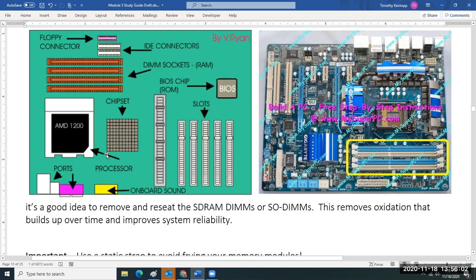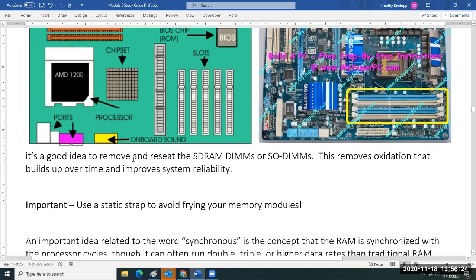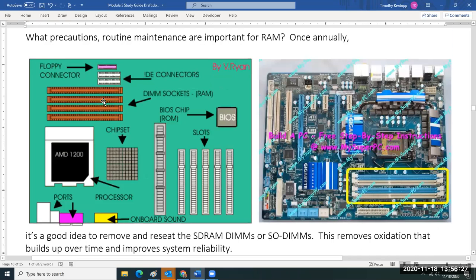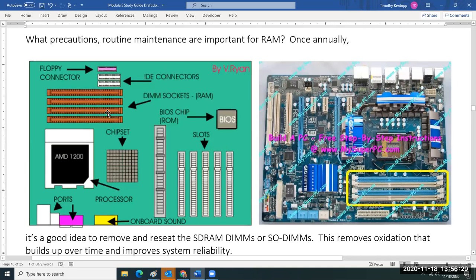And I want you to understand this idea of tandem or interleaved performance. Just remember that if you have multiples of 2 for module sockets, you want to pair them up. If you have multiples of 3 for module sockets, you have 6 or 9 or 12 module sockets, then you can triple them up, and you'd use DDR3 instead of DDR2. So with dual data rate 2, you'd have a pair, they'd work in tandem.